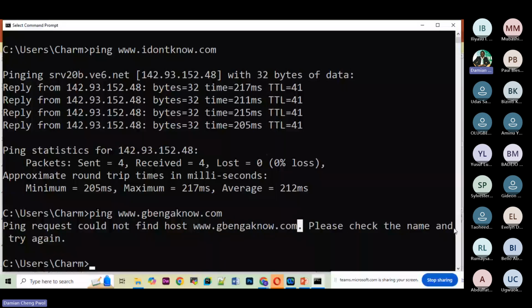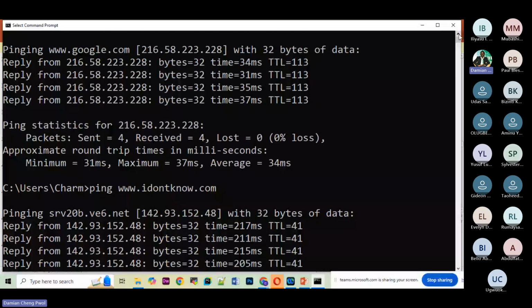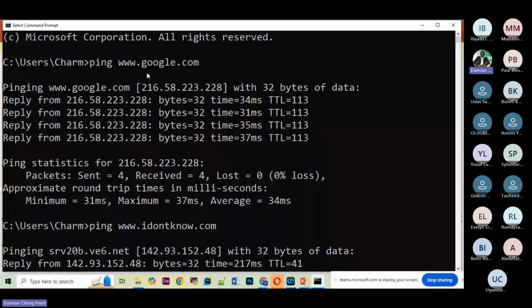So let me quickly explain what happened. If the site or the server exists, in terms of the communication, it's not the name that is being used. The name is converted to this address. So it's the address that is later converted to binaries, zeros and ones, and it's the zeros and ones that are used for this communication.